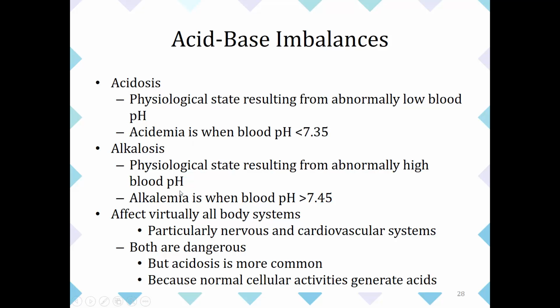The nervous system and the cardiovascular system are particularly sensitive to changes in blood pH. Normal cellular activity generates acids, so acidosis tends to be a little more common, but both acidosis and alkalosis are cause for concern, and if the body doesn't bring us back into homeostasis naturally, then that would be cause for intervention.